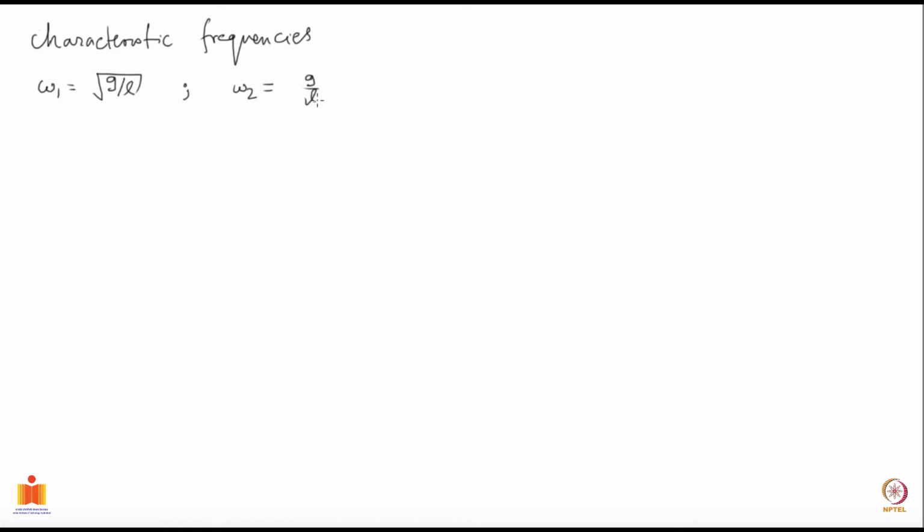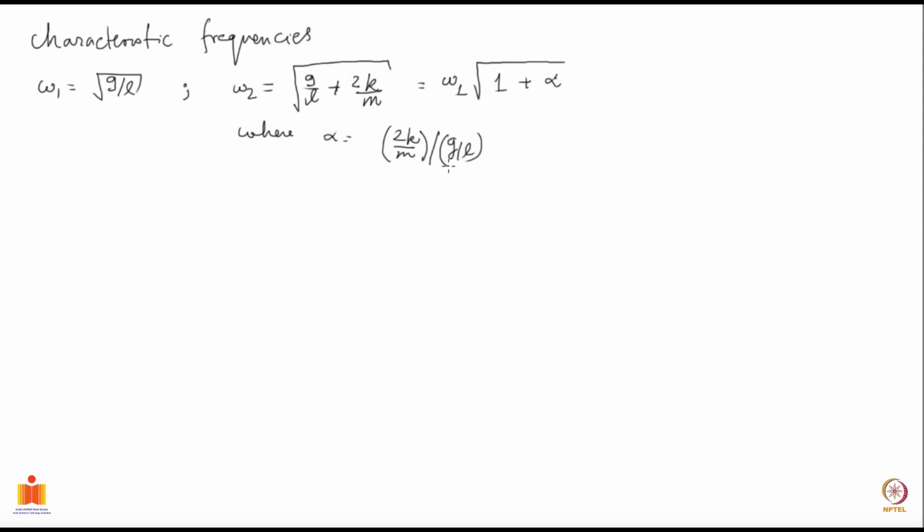And omega 2 is the square root of G over L plus 2k over m, which you can write as omega 1 times the square root of 1 plus alpha, where alpha is 2k over m divided by G over L. And alpha is clearly greater than 0.